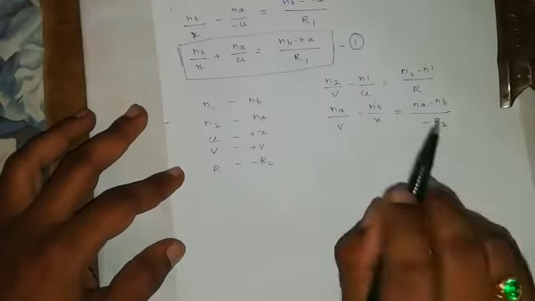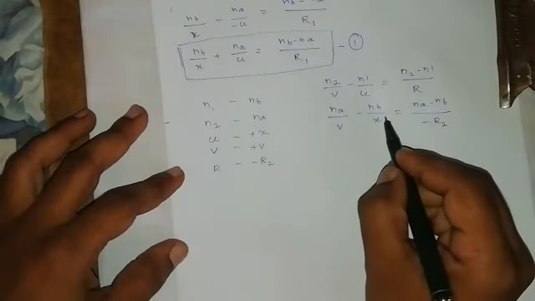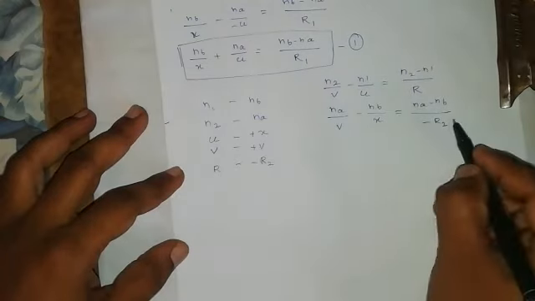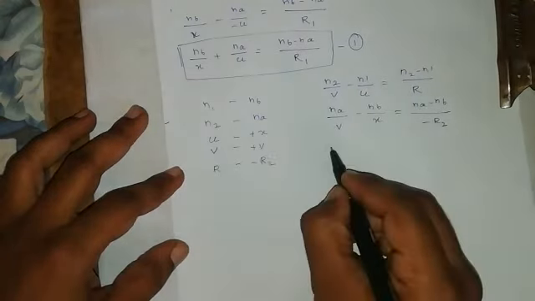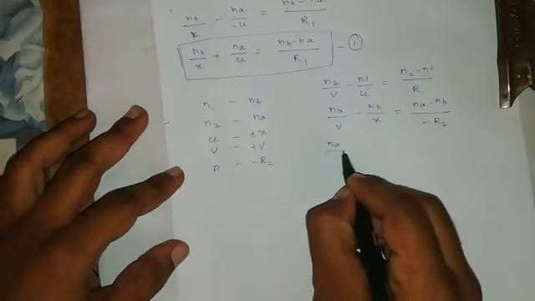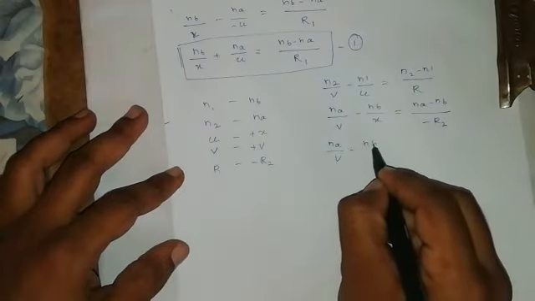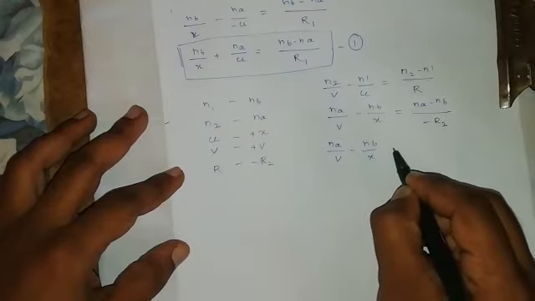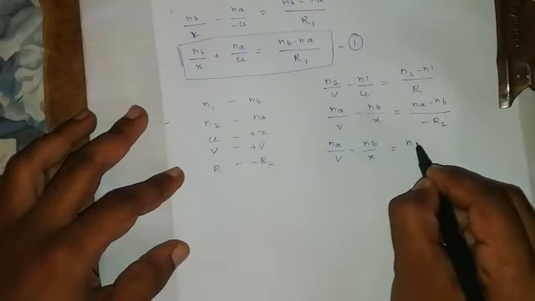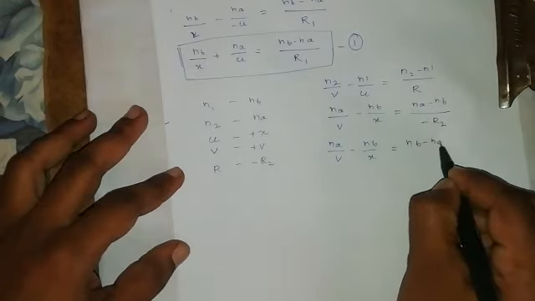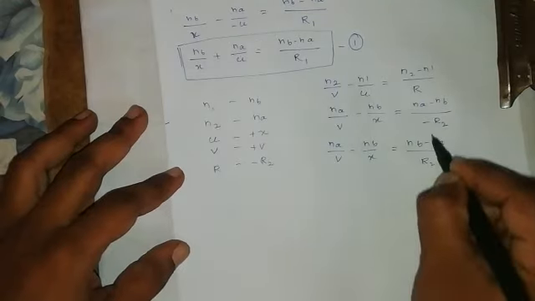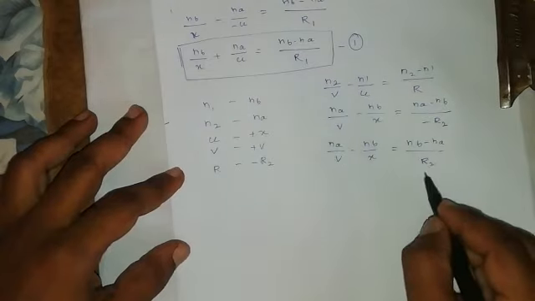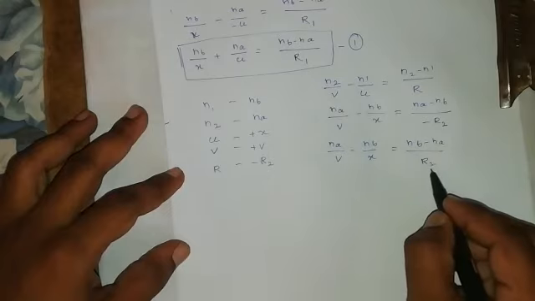Now let me change equation number 2 a little more: na by v minus nb by x is equal to nb minus na by r2, as the minus multiplied at the top makes it minus na plus nb, so nb minus na by r2.